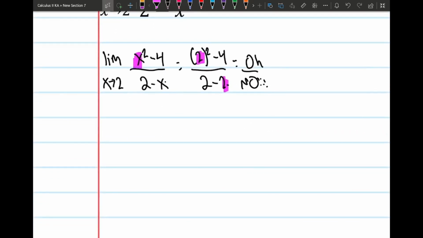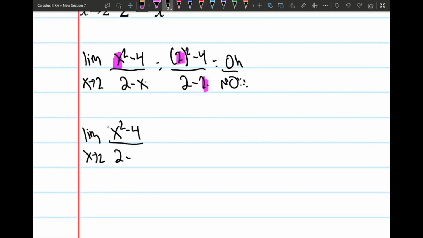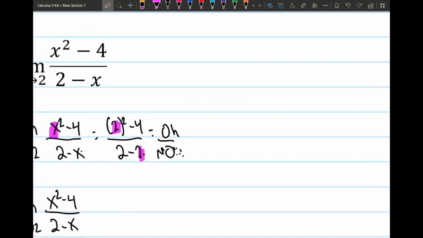The thing we have to do here is factor the top. The top of this function is x squared minus 4, and we always remember the sum and difference pattern: a plus b times a minus b equals a squared minus b squared.